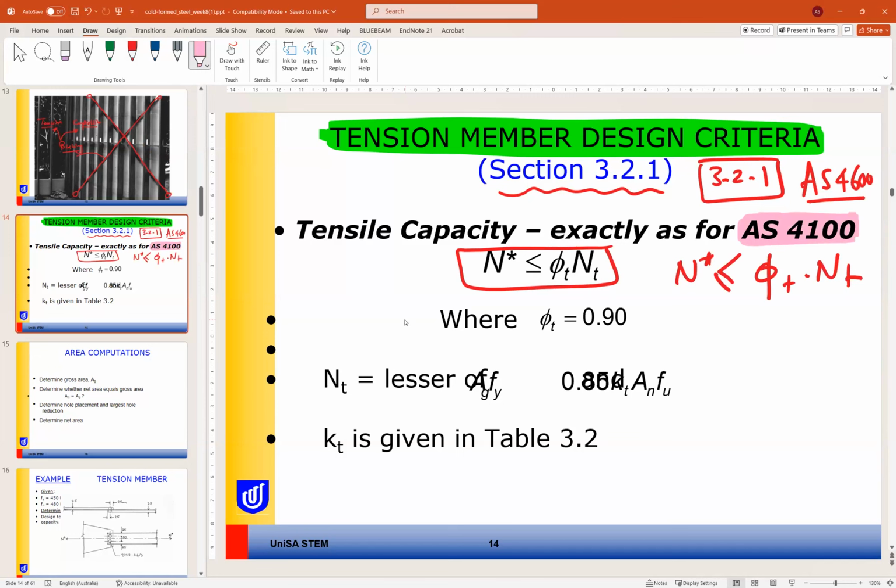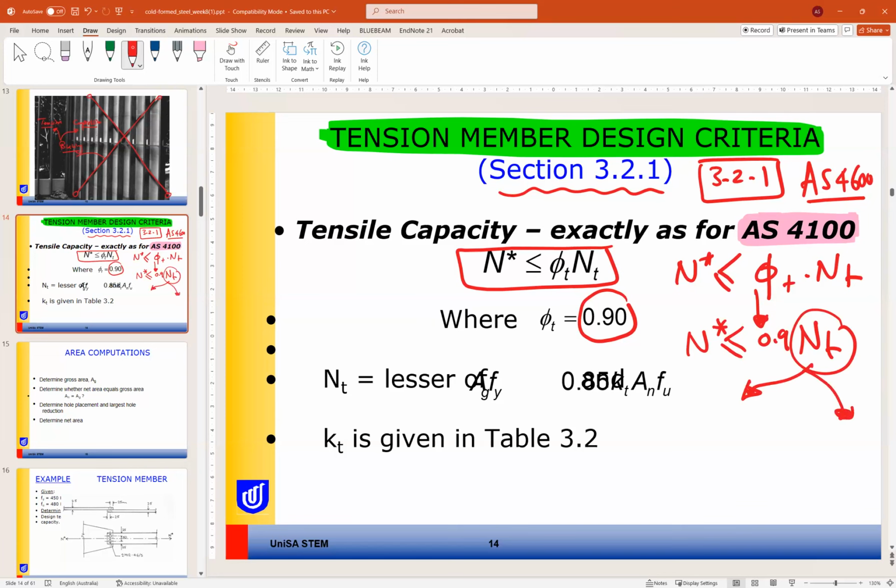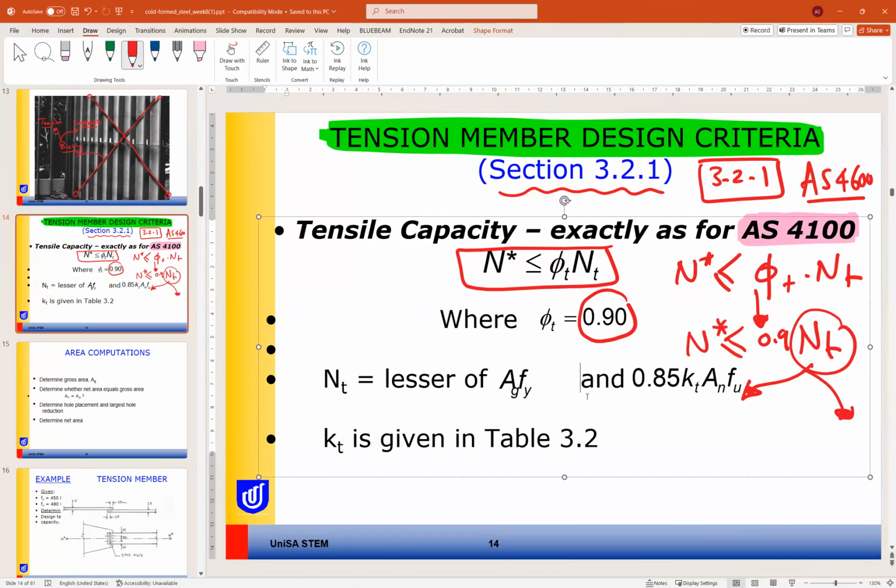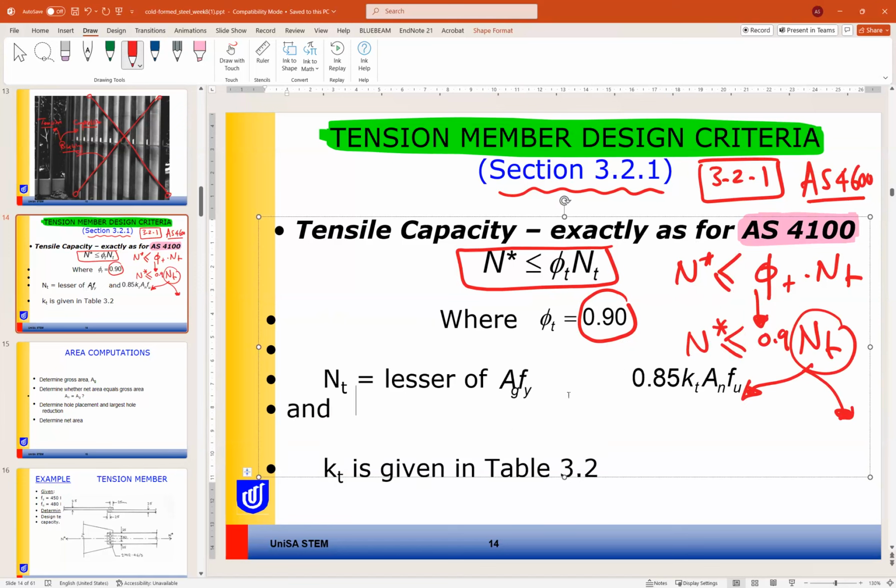Where phi for the tension member in this case is 0.9, exactly the same as before for hot rolled steel, where Nt, if you remember, is the lesser of these two values. Is that correct?